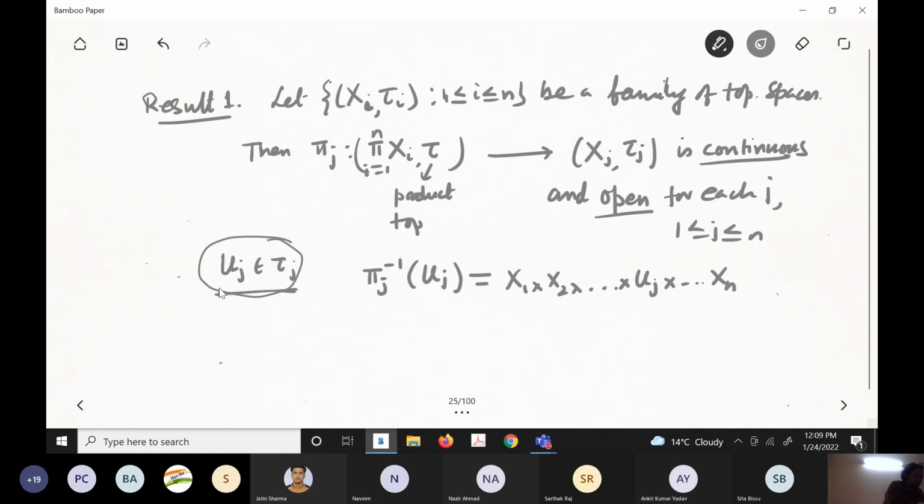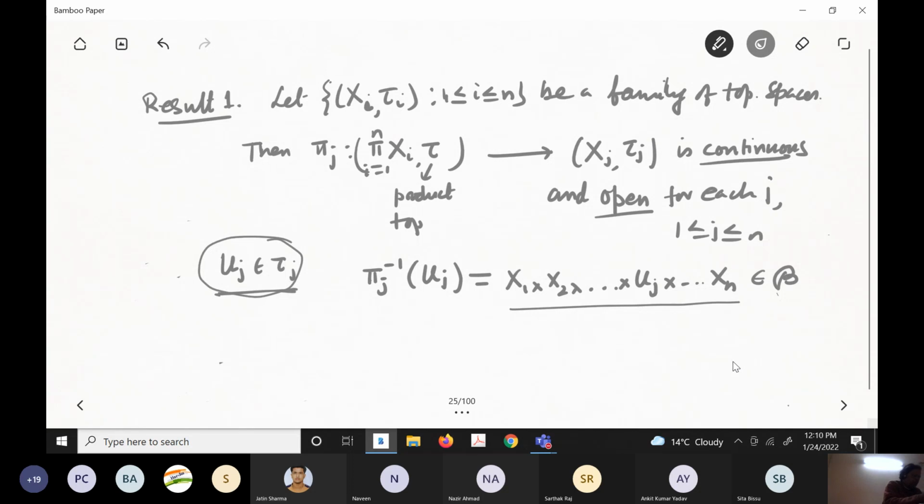For other coordinates, you do not have any restriction, that means you can choose anything. That is exactly what I did. This is open because this is actually a basic open set. That is the proof. Only thing you have to understand is pi_j inverse; in fact, I will teach you at the end, infinite product, if I have time. There you need this basic idea. The pi_j inverse will be this. So this is continuous.